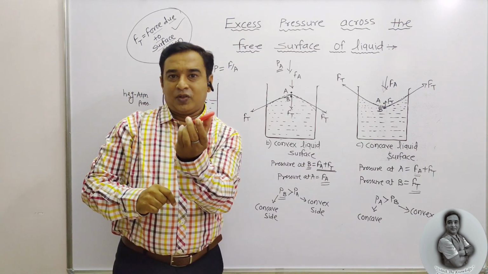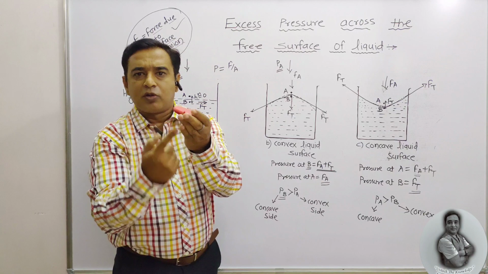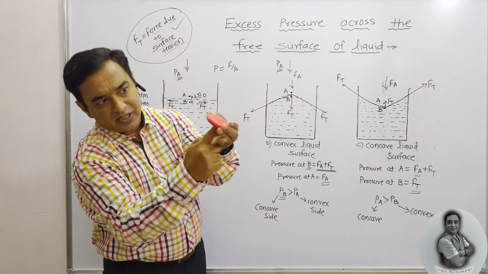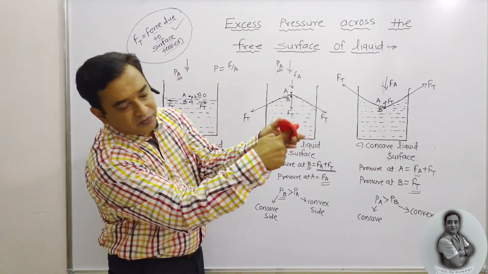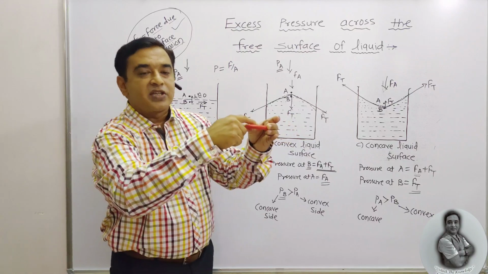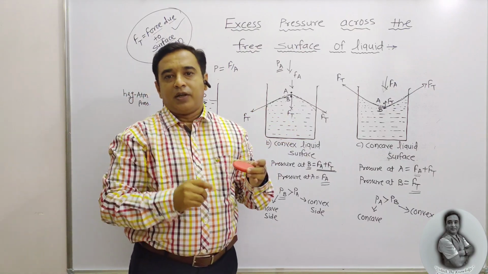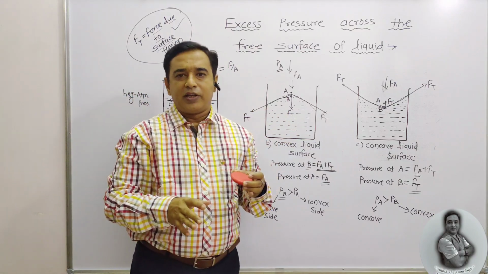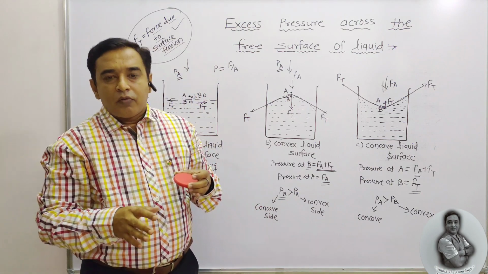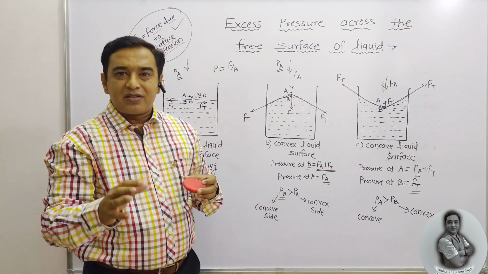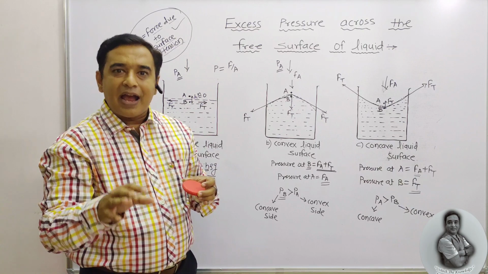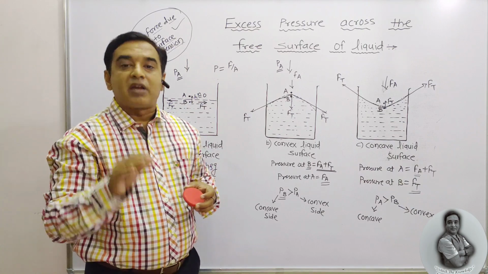So if we observe the pressure from the lower side, the pressure is greater from this side, it forms a sort of concave, and this side is convex at that time. Hence, once again, the concluding part is this one: whenever there is a greater pressure, the pressure is always greater at the concave side as compared to the convex side.